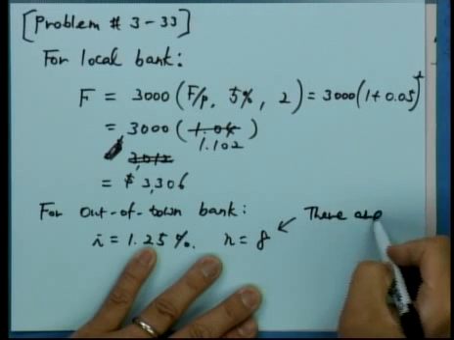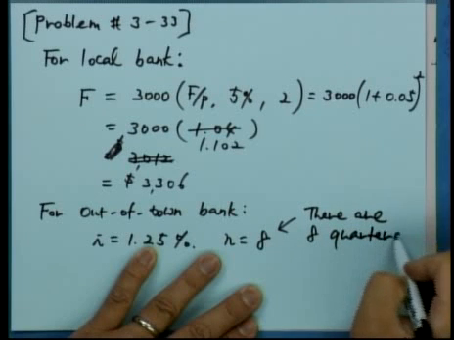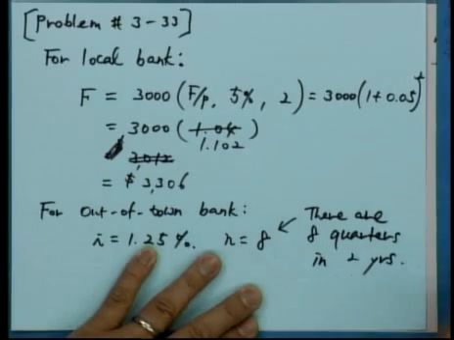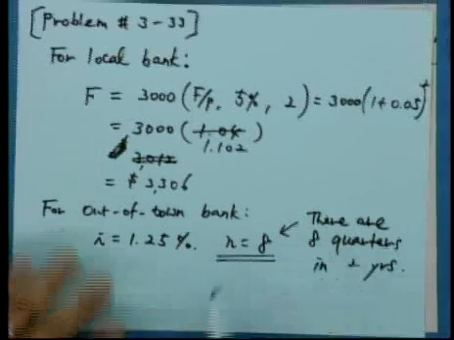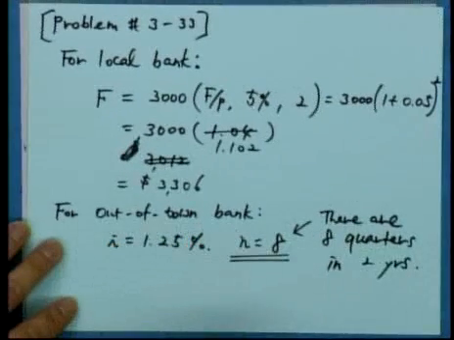That's why we are going to use n equals 8 for the out-of-town bank case.